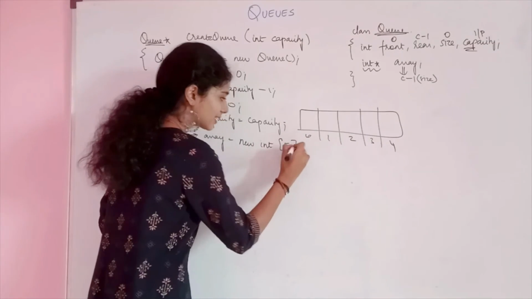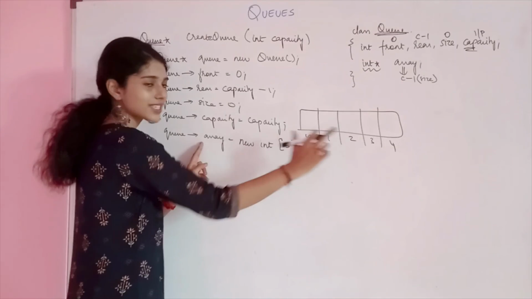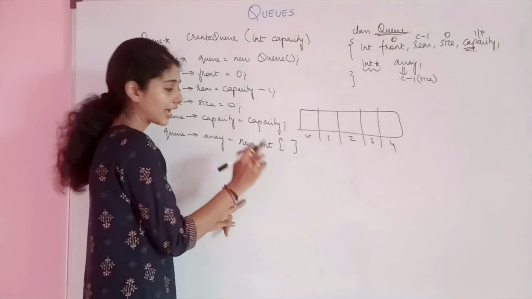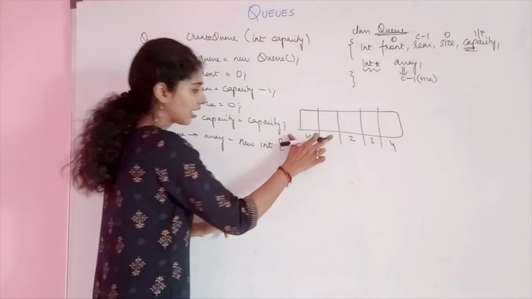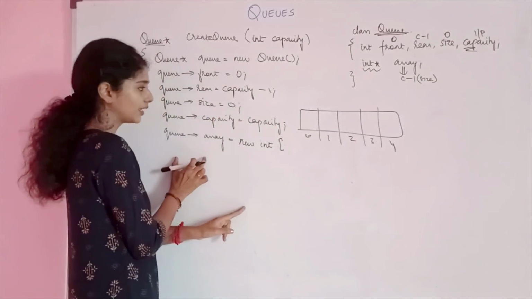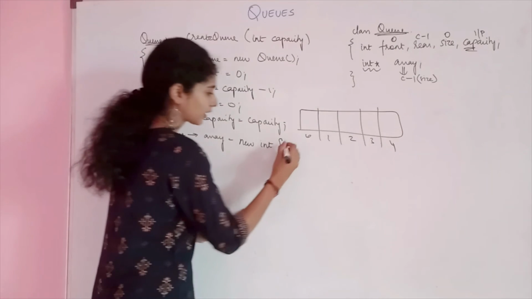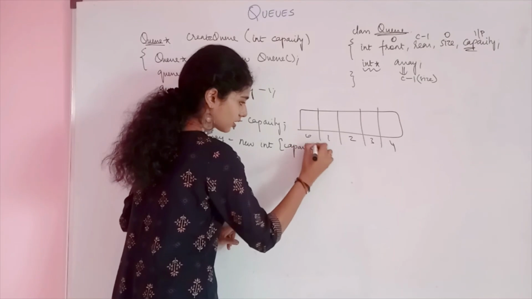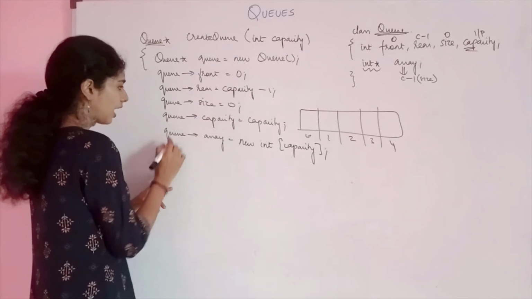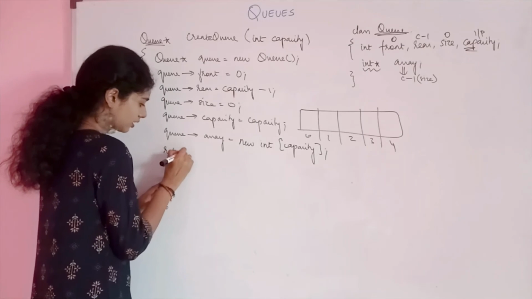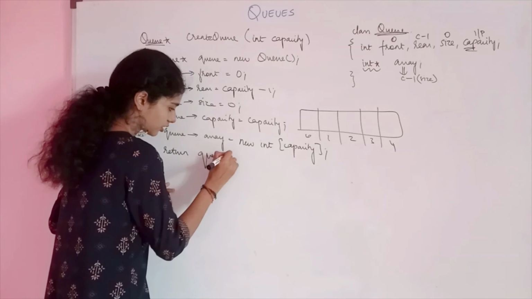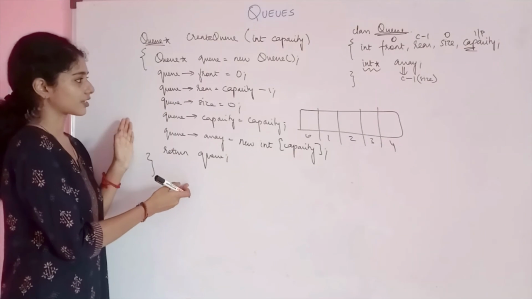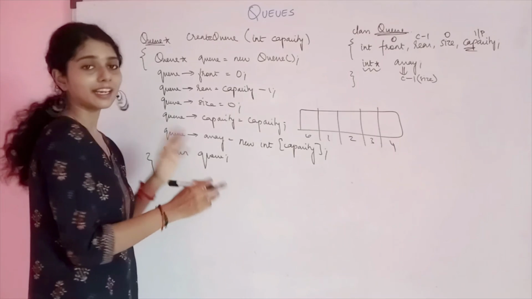Every time I say 5, it simply means it's going to give me an array of size 5, right? So right here, instead of this 5, what should I have? It should hold the capacity, right? The size of the array must be equal to the capacity of the queue. So it is equal to new int[capacity]. Alright? Yes. So at the end, you are supposed to return this object of the class queue. Alright? So this is going to be our initialization function. So right now let's look at the enqueue operation. Alright?